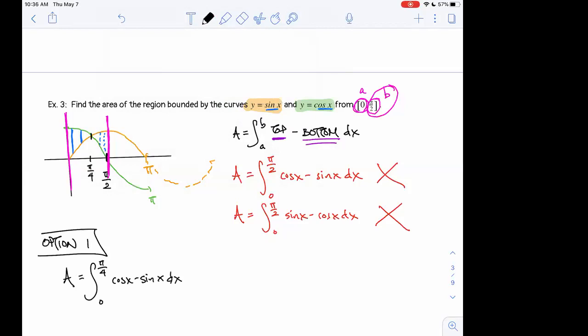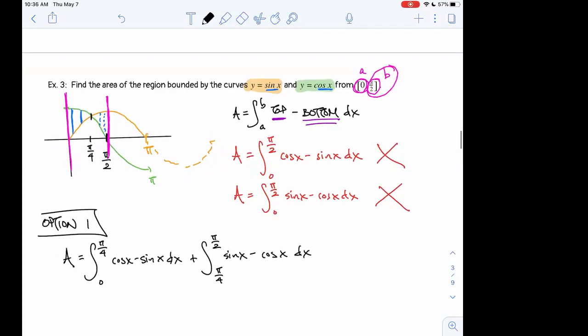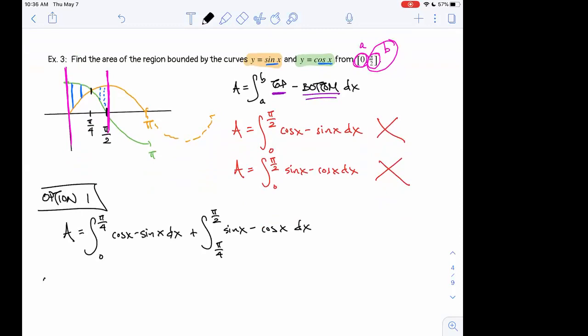That gives me the first region, plus the integral from pi over 4 to pi over 2 of sine x minus cosine x. Because as soon as they switch to a different top and bottom, I have to show that in my equation. So this is one option that we have.